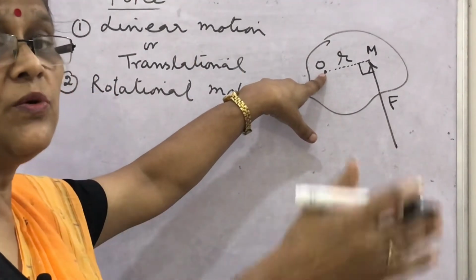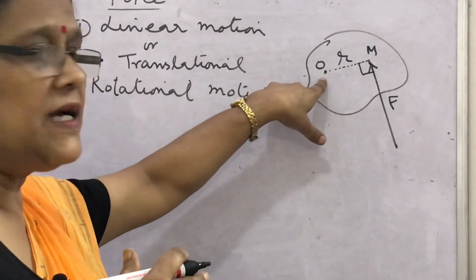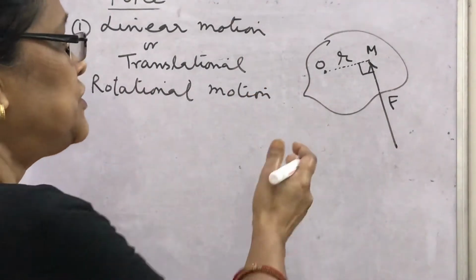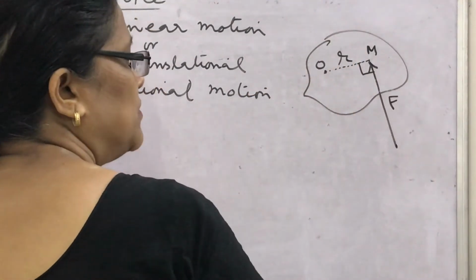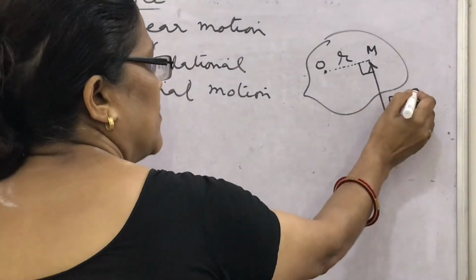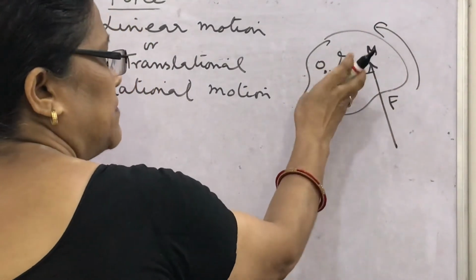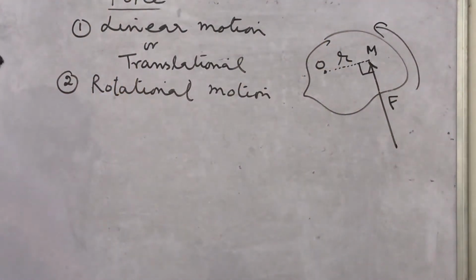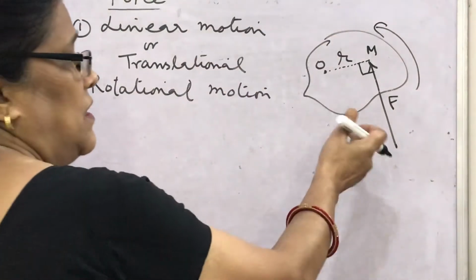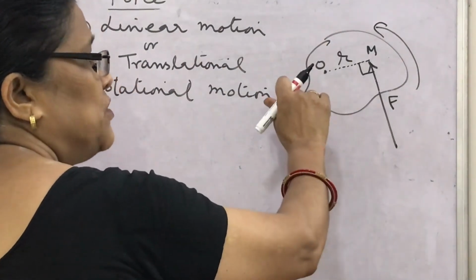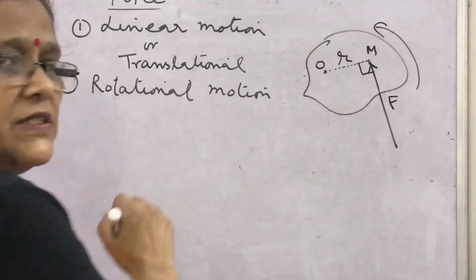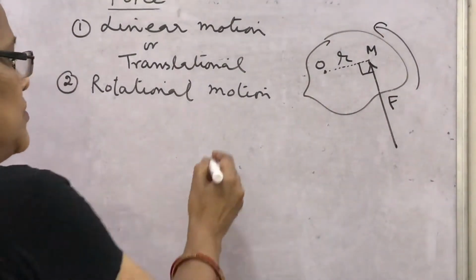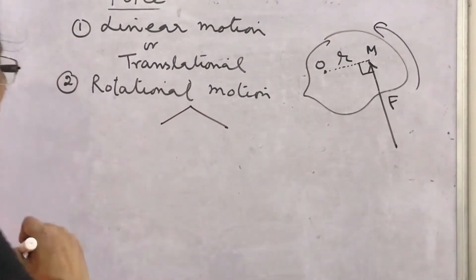Then you know what happens: if the object is pivoted, then with the application of force, the object begins to rotate about a vertical axis passing through this fixed point, through this pivot. Look here, how this force is applied, then it will rotate the object about this vertical axis in the anti-clockwise direction. You can also produce clockwise rotational motion if you apply the force in the reverse direction at the point M, suppose from this side. So, learn rotational motion of two types.